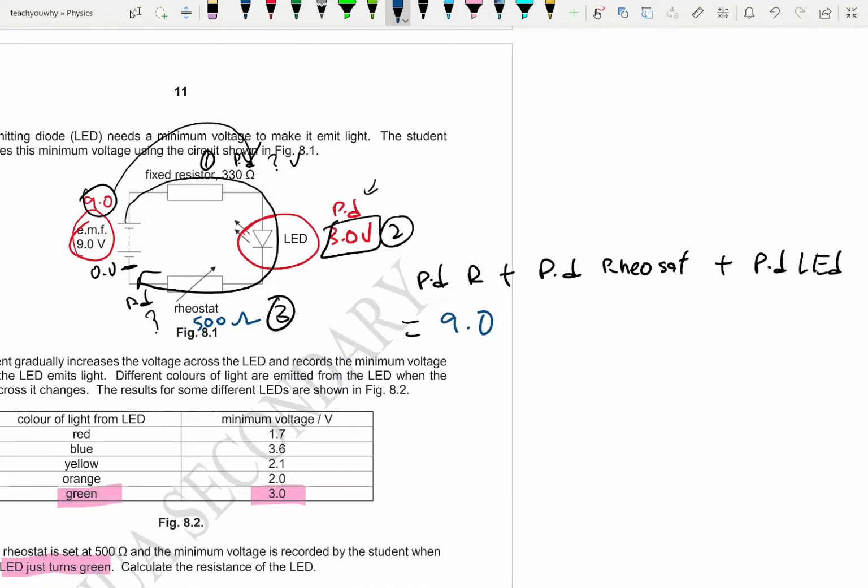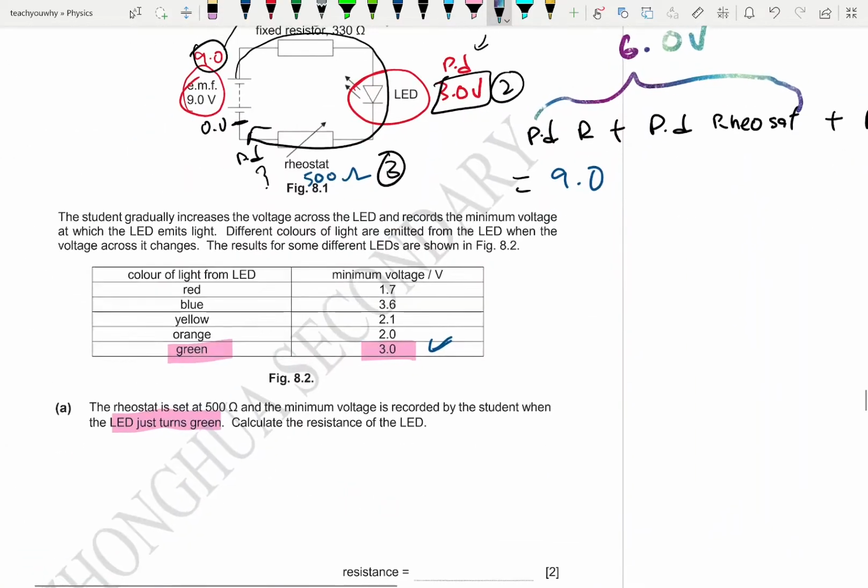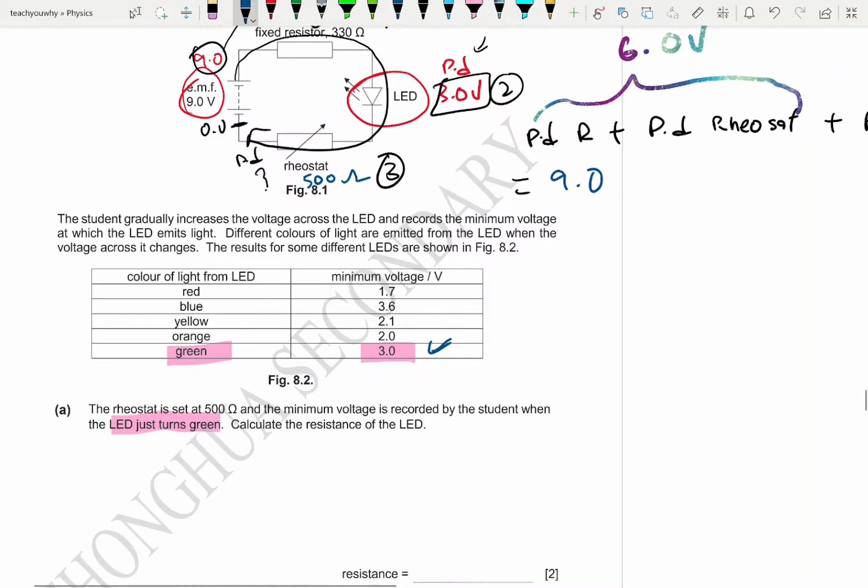And we already know the LED has a minimum of 3.0 volts. Therefore, the PD of these two combined has to be 6.0 volts. I hope my lengthy explanation will help you understand.